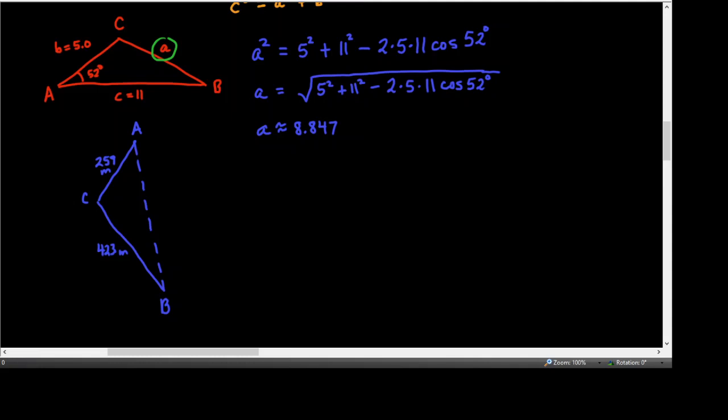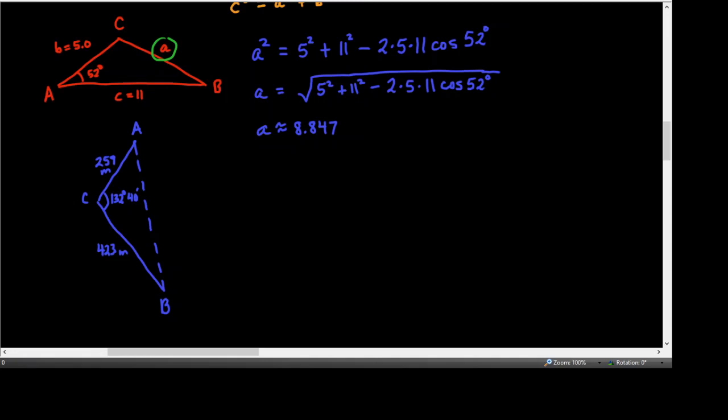And the angle ACB measures 132 degrees, 40 minutes. Find the distance AB.